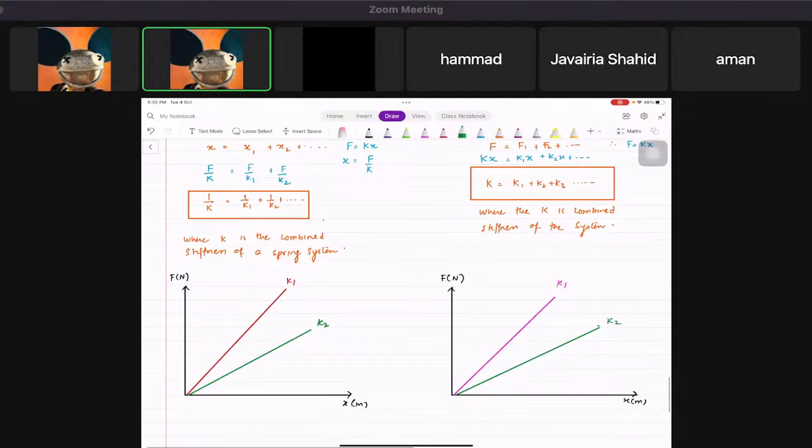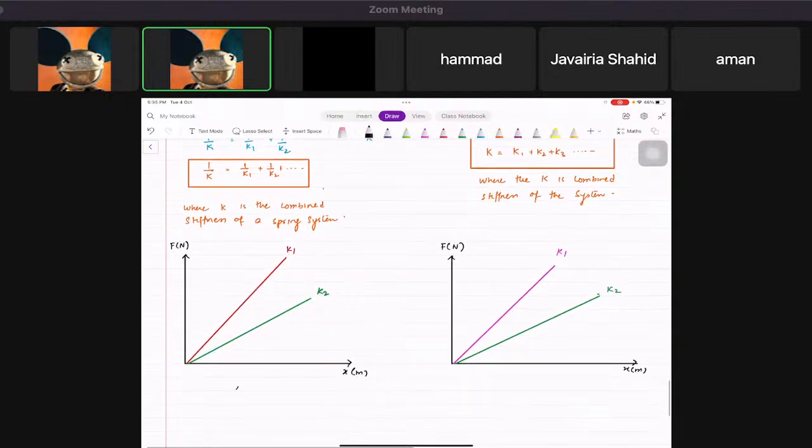So what you need to understand is that in a series system, because they will feel the same force, which means that if I start from this side, so the force is the same, which means a stiffer spring shows this much of extension, x1, but a less stiff spring shows a much greater extension on the same force, and you can adjust that to get the full extension, right? Is it clear, Aman? Do you understand this?